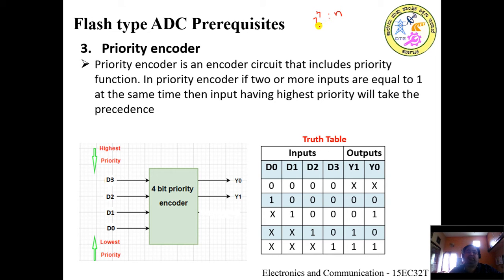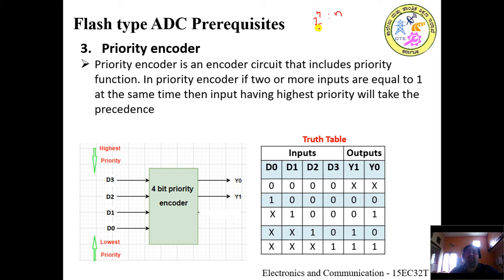Here, among the 2 to the power of n input lines, any one input line will be in the active high state. Whichever input is in the active high state, in response to that, an encoded output is produced on the n output lines. But there are some scenarios where more than one input can be in the active high state.